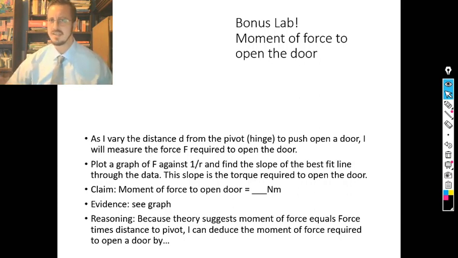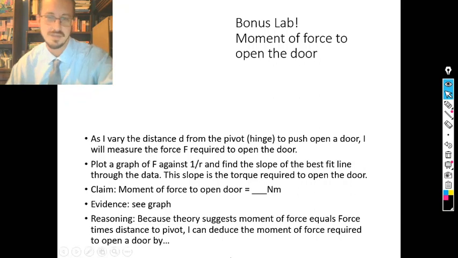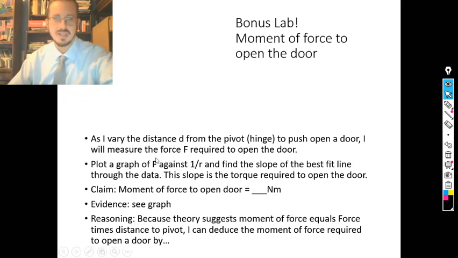And as theory suggests, the reason why we put door handles far away from the hinge is because minimal force is required there, where we maximize our distance to the pivot. And so we should be able to determine the moment of force to open the door by plotting a graph of the force required against 1 over the distance to the pivot.